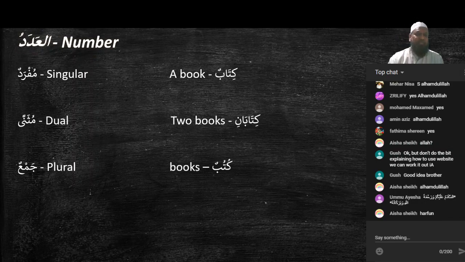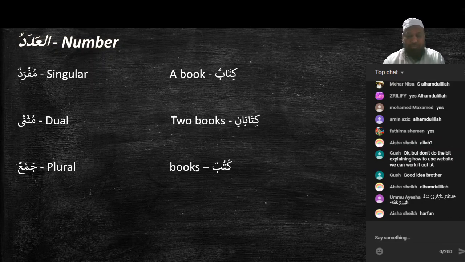Number three, العدد, number. So in number we have again three. Number one is مفرد, singular. Then مثنى, dual. Then جمع, plural.